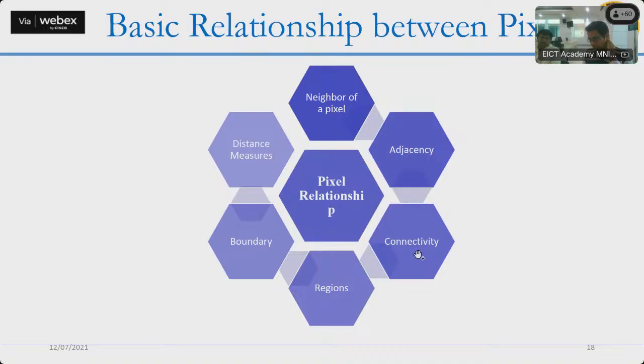Connectivity is not only based upon the location part, it may also be based upon intensity. In terms of intensity, you are able to demarcate the line based upon the intensity. There also connectivity applies. These are different terms, but not totally different from each other. Adjacency is basically the nearby region, right?